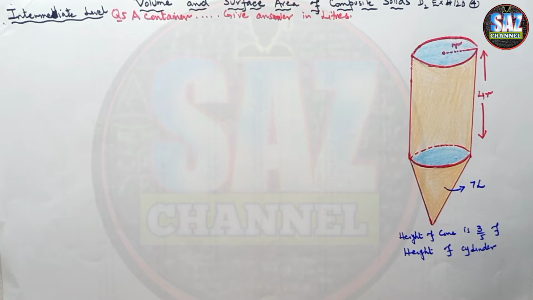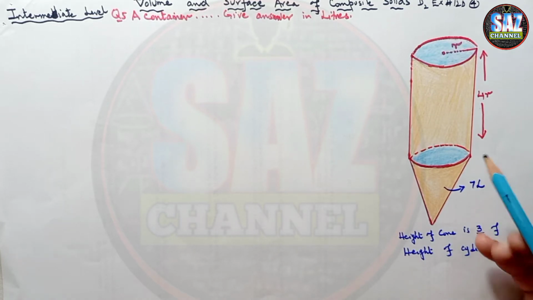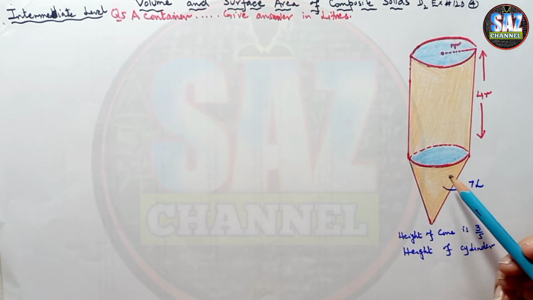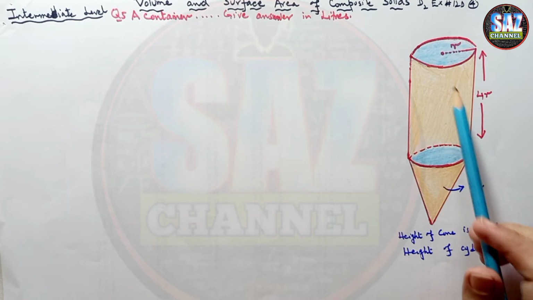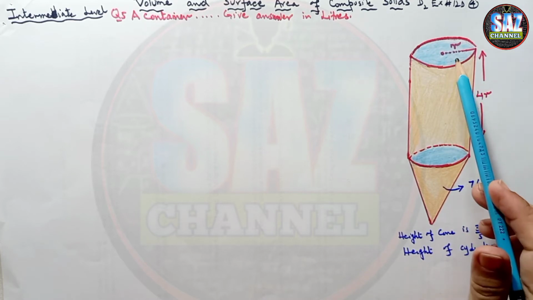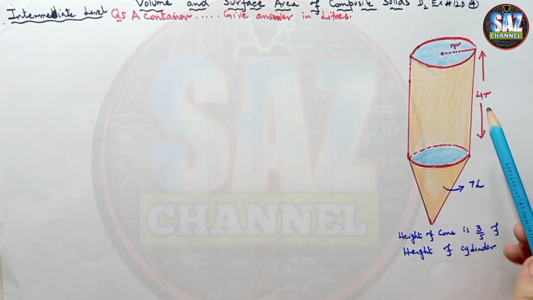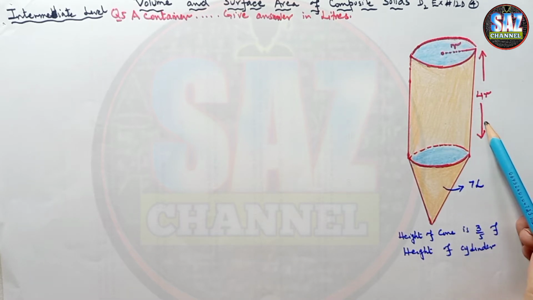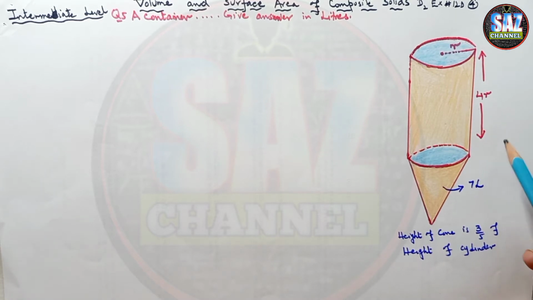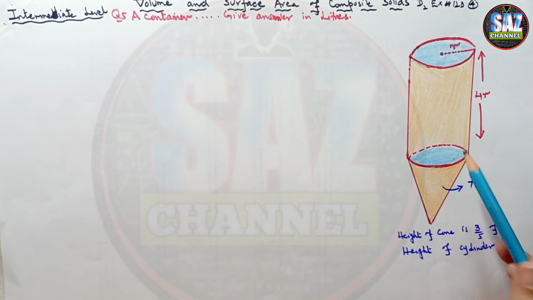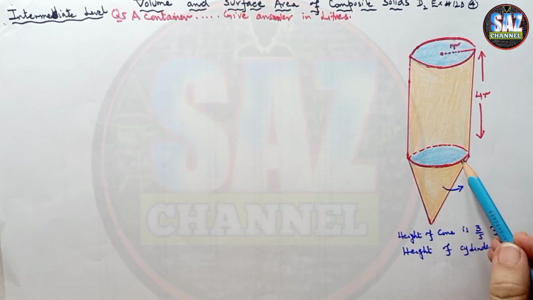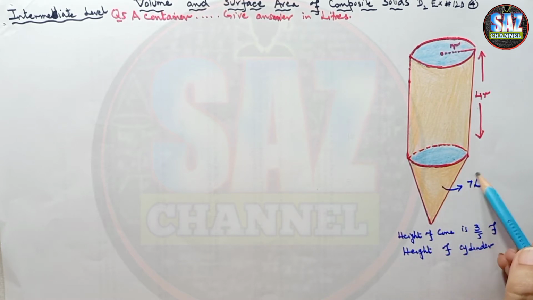In this question we have a container which is made up of a conical form and a cylindrical form. Both the solids have the same radius r centimeter and the height of cylinder is 4r centimeter. The requirement of the question is the amount of water needed to fill the container completely. As the container has two parts, for the conical portion the amount of water is already given, that is 7 liters.